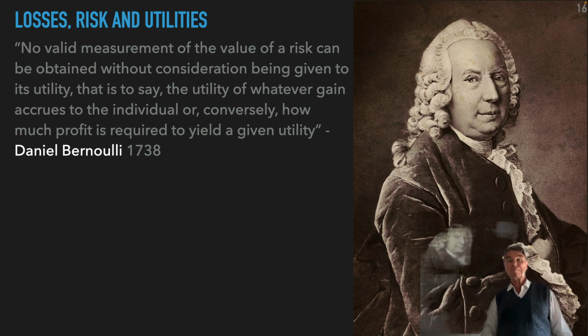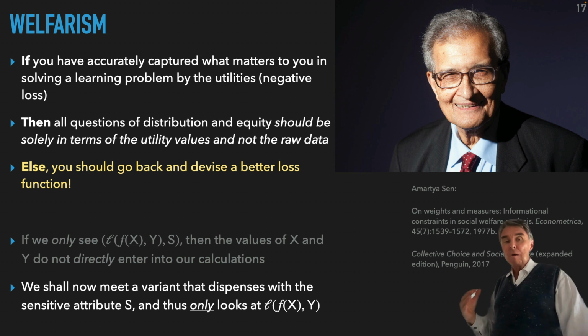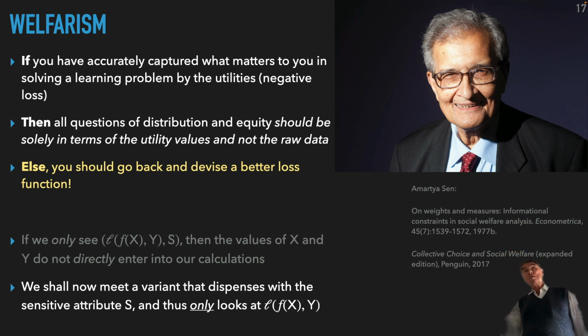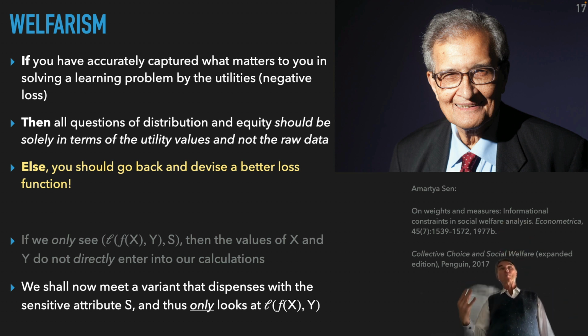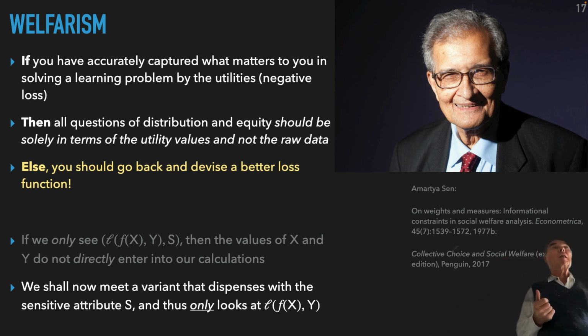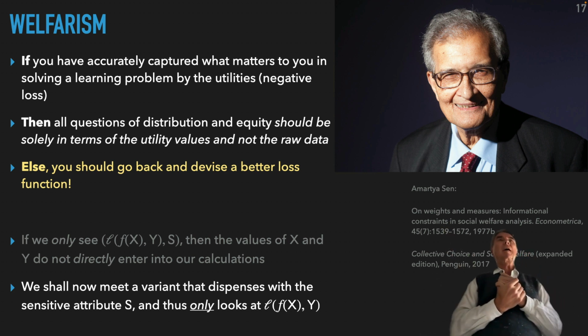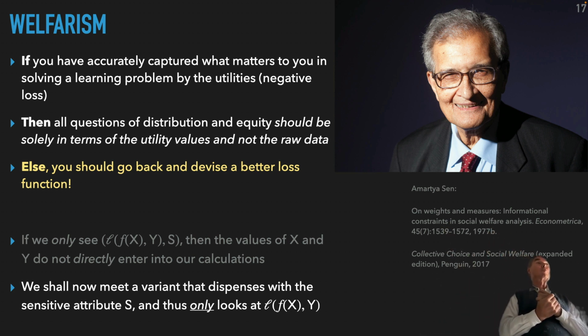Right? That's the connection. And this notion of doing your reasoning in terms of utilities rather than, say, the raw material is a big thread of work in social welfare theory. So if you're a social planner working out how much money each person should get, maybe you're designing a tax rule, right?